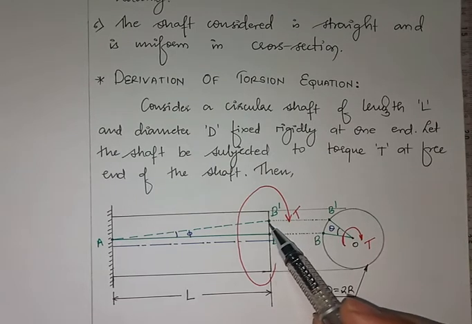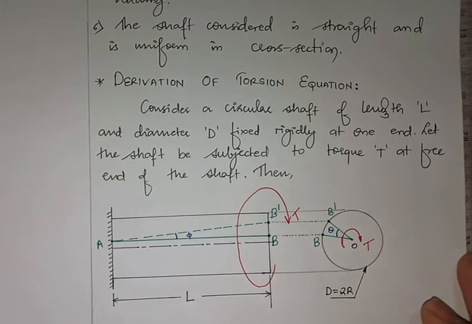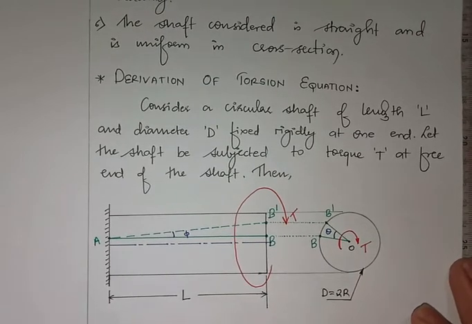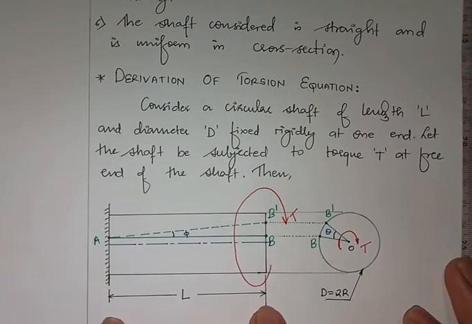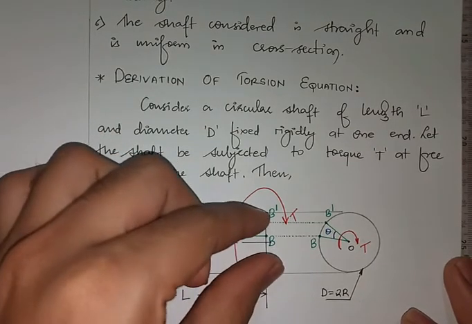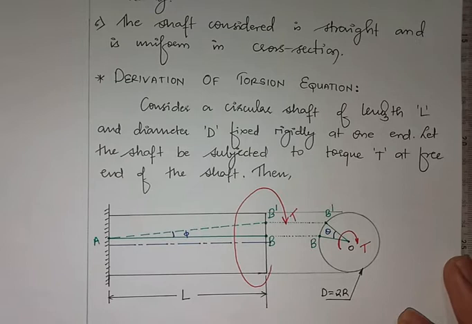So it is B dash divided by L. So that gives me shear strain, right? Transverse displacement divided by vertical height. So transverse displacement here is B dash and height here is L. So that gives me shear strain. So that will be my first step in the derivation.